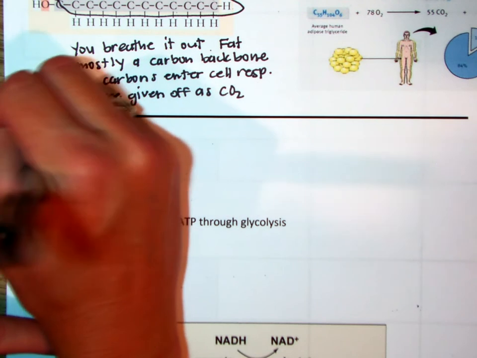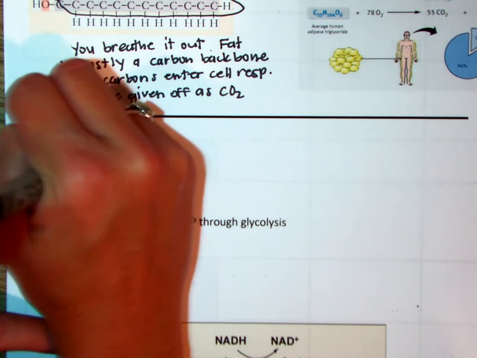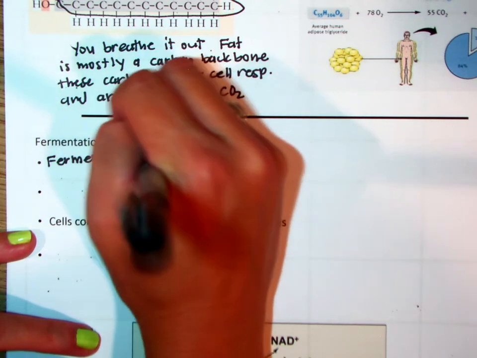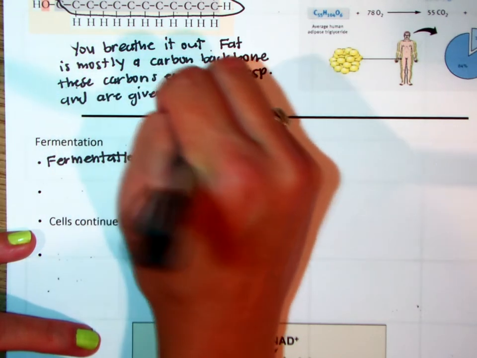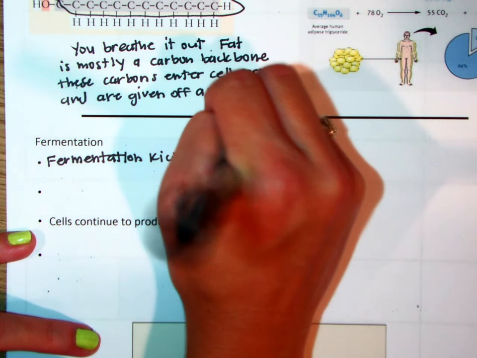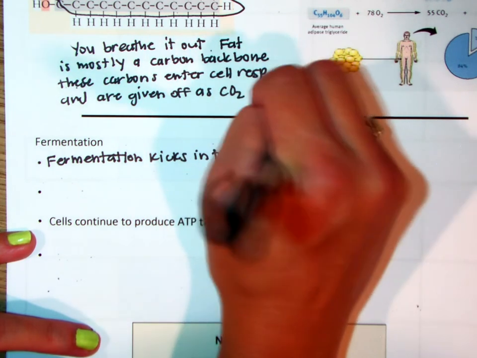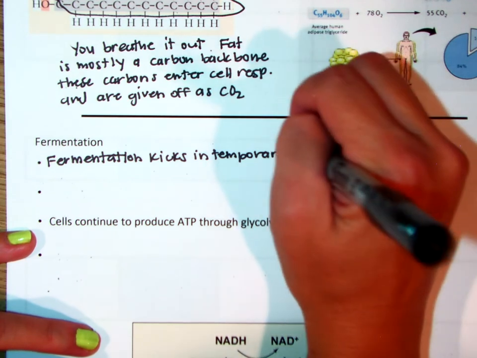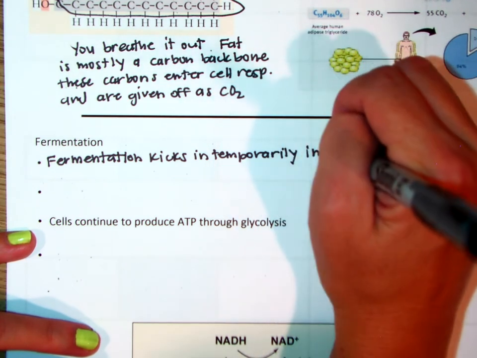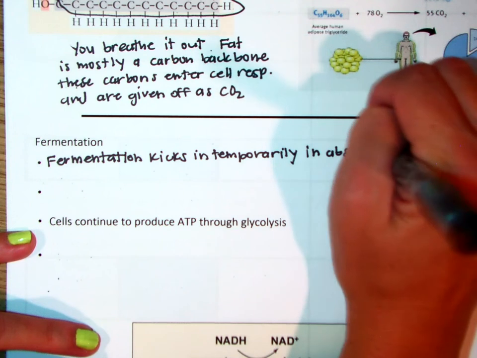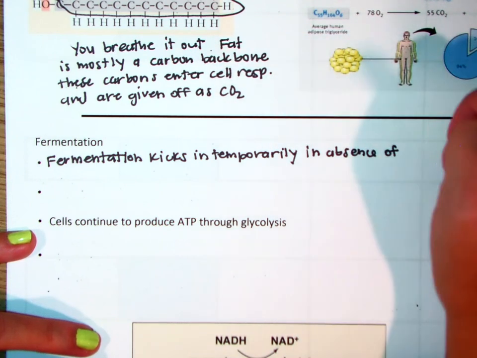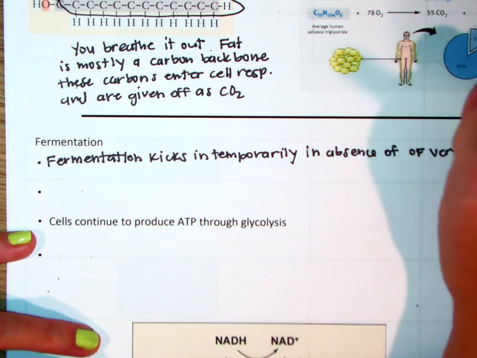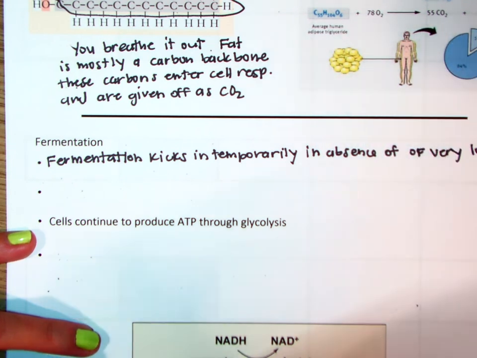So fermentation kicks in temporarily in absence of or very low oxygen.